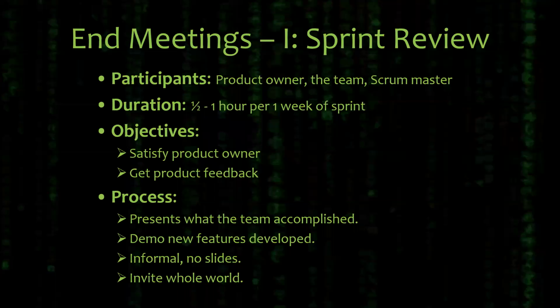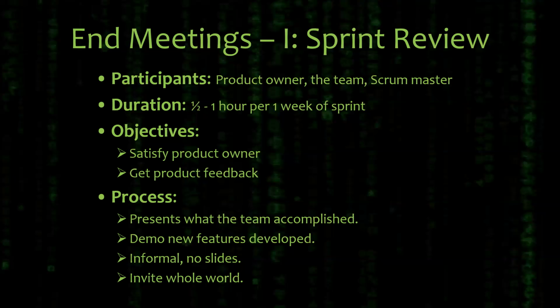To get the product feedback from the product owner, with the demonstration, right? And they will see, and the product owner will give the feedback, right? And the idea is, of course, to satisfy the product owner. So that's basically what it is. Show the product, what is being done, and get the feedback, right?